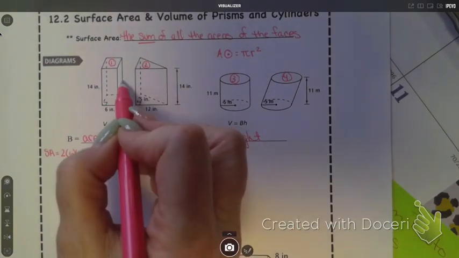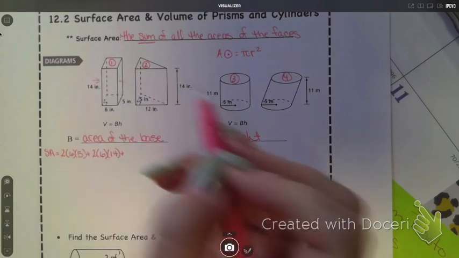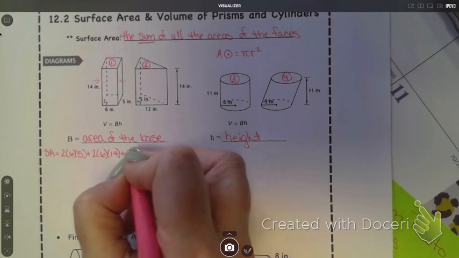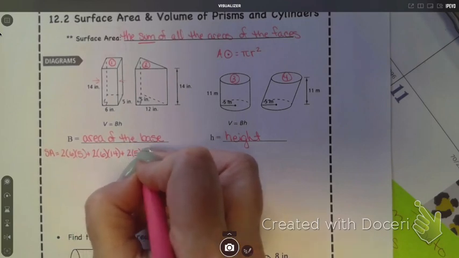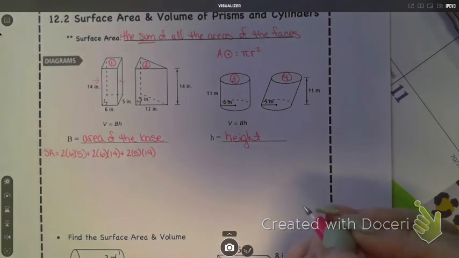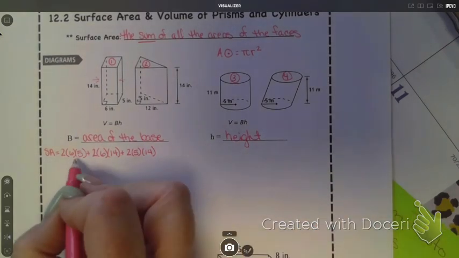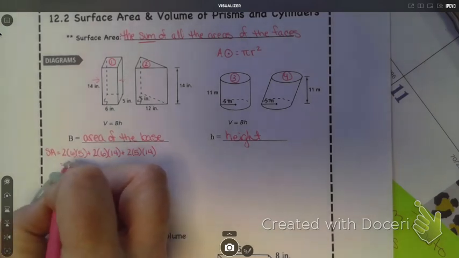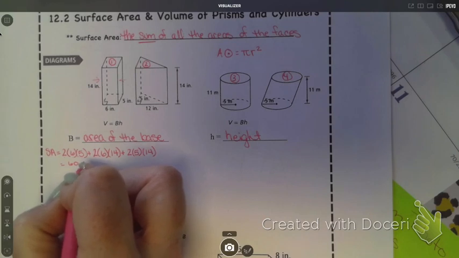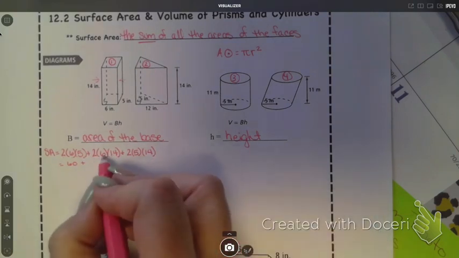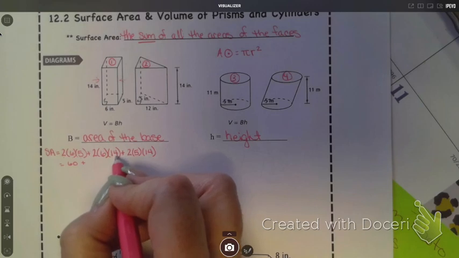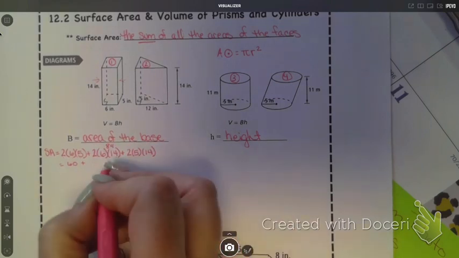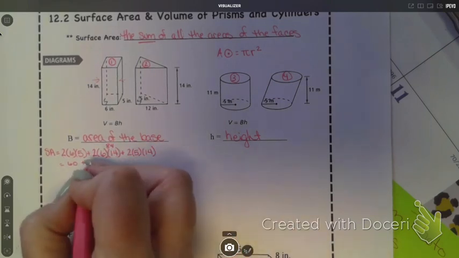And then I have a side and a side. What are their dimensions? 5 and 14. So I have 2 of those again, don't I? Am I always going to have 2? No, but if I do have 2, can't I just multiply it? So 5 times 6 is 30, times 2 is 60. Plus, 14 times 6 is 84, and 84 times 2 would be 168.